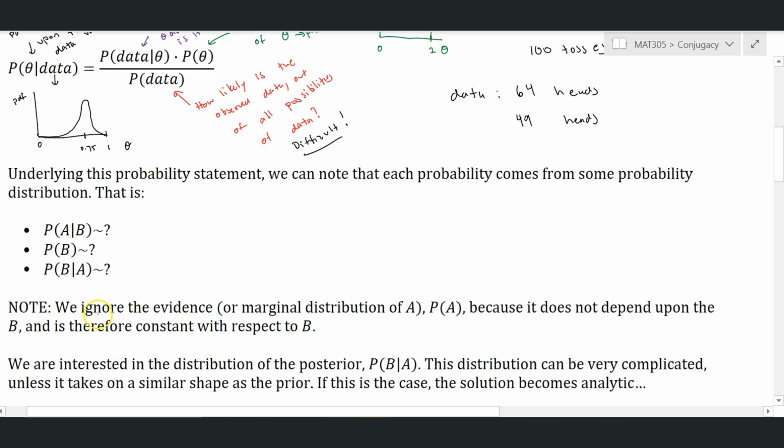Now, I'm going to say here as the note, we ignore the evidence. And that might seem like a weird thing to say, but remember, this is called evidence right here. This is your evidence. That's all we mean by evidence in this context.